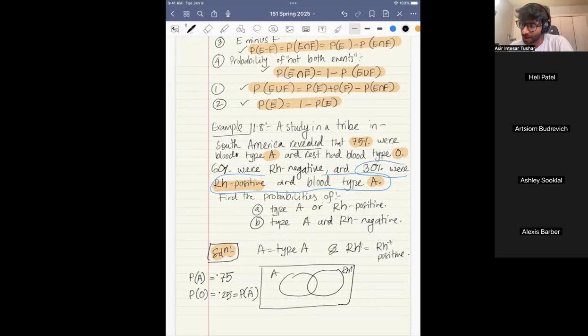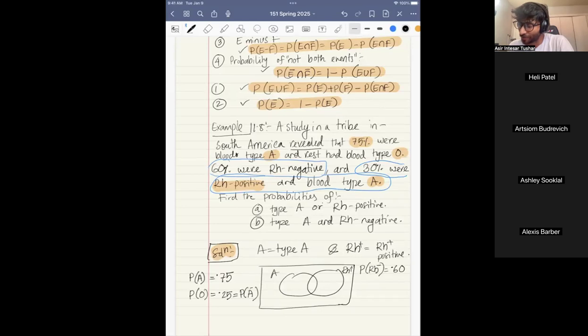Now, what else do you have? Probability of Rh negative, right? This line: 60% were Rh negative. So probability of Rh negative is 0.60.